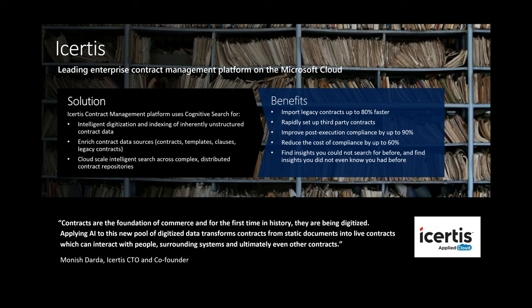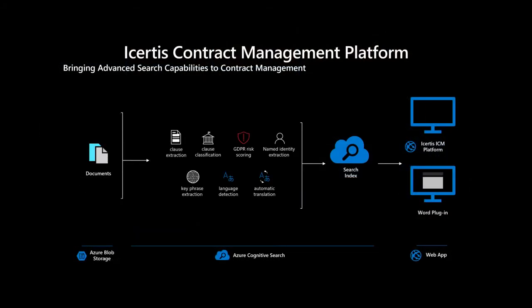How do I make sure that I'm able to bring that in? And what they did is really used Azure Cognitive Search to ingest all the documents that they have, which is all of these contracts, and then apply clause extraction, as well as add a GDPR custom model that they had built themselves into this whole system.